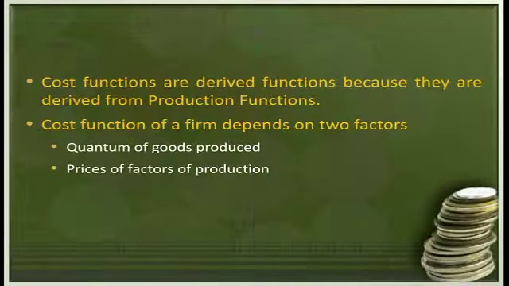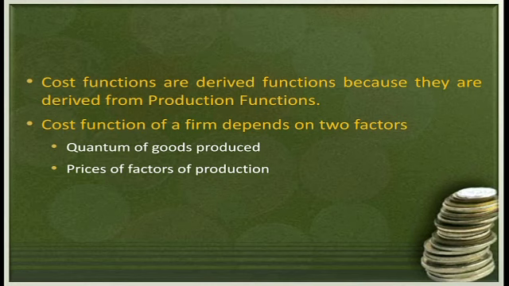You know, cost functions are derived functions because they are derived from production functions. And cost function of a firm depends on two factors. First, quantum of goods produced or quantity of goods produced, and prices of factors of production.